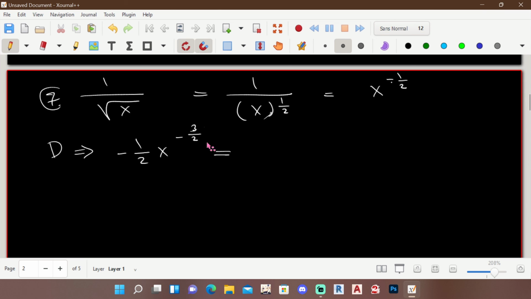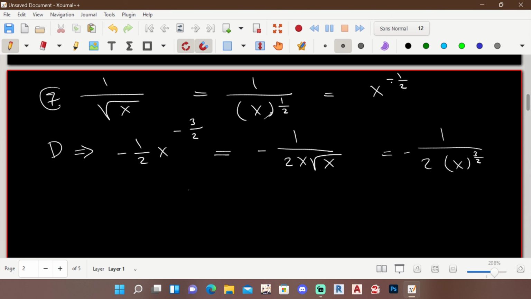This is the same as saying we've got x multiplied by the square root of x. So it's minus 1 over 2 times x square root of x, because we've got here 3 halves, and we know that the half power is the square root of x. I mean, this is the final answer, but you can write it as minus one half times x to the minus 3 halves.